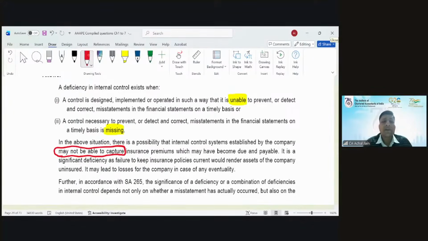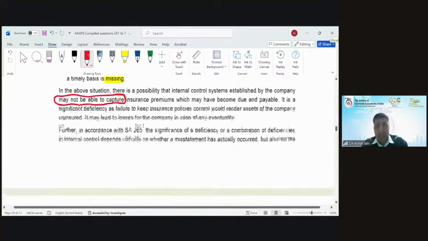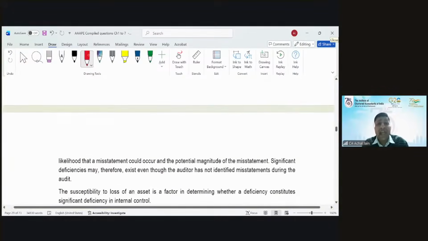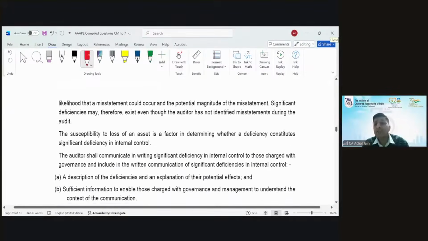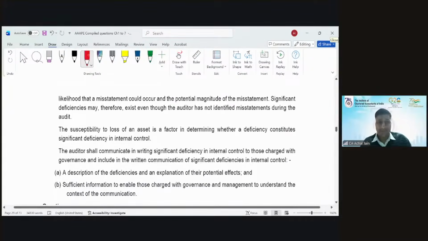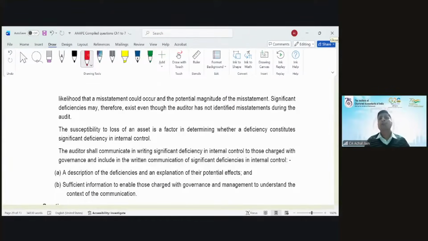Further, in accordance with SA 265, significance of a deficiency or combination of deficiencies in the internal control depends not only on whether a material misstatement has occurred, but also on the likelihood that a misstatement could occur and the potential magnitude of the misstatement. Yes or no? Because we are not talking about a situation that, yes, the problem has actually come.